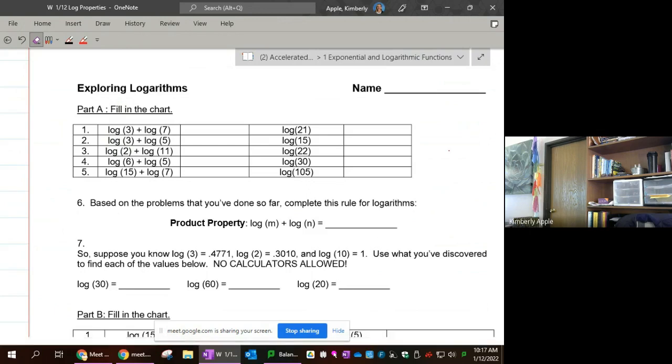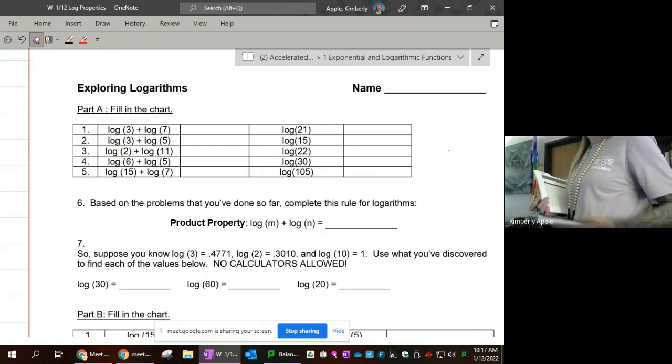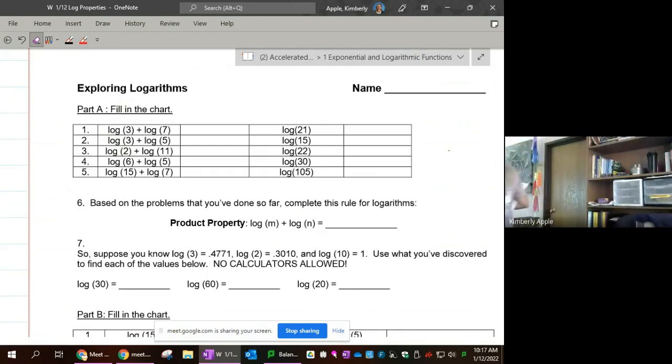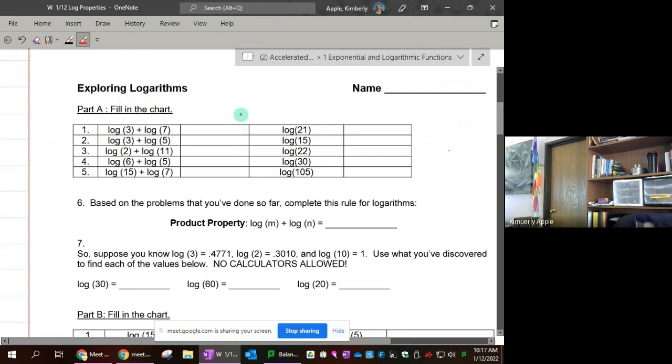The first thing I want you to do is to put log 3 plus log 7 in your calculator. What are the bases of these logs? 10, right? So we're going to use the calculator because we can. To the nearest 3 decimal places, the first thing we're doing is log of 3 plus log of 7. I got 1.322. Next thing, put in log of 21.